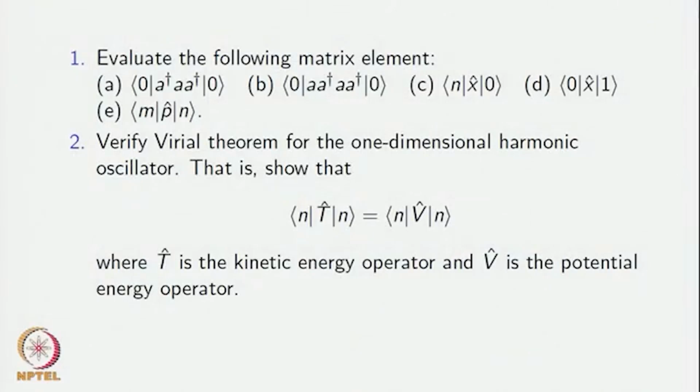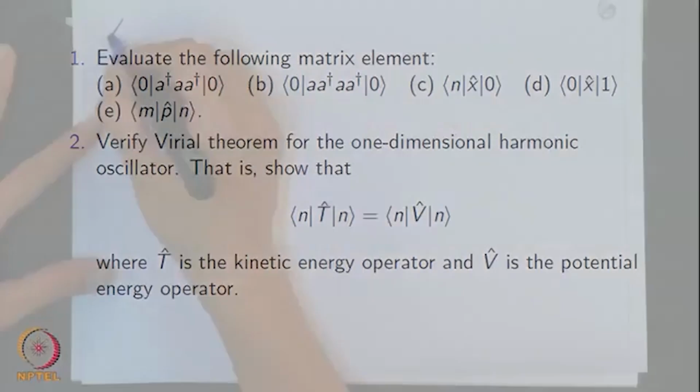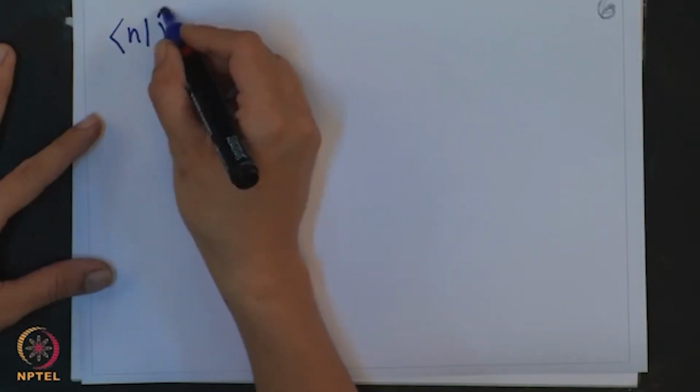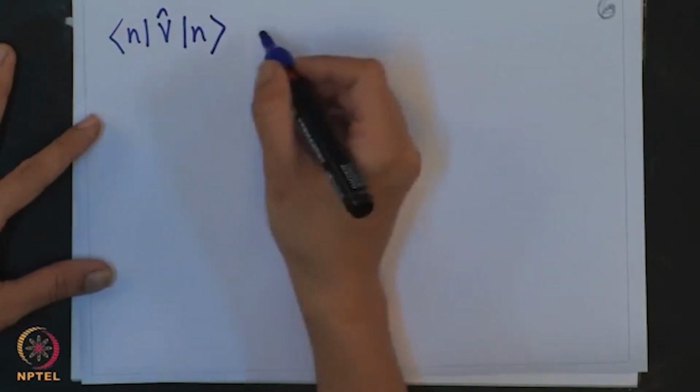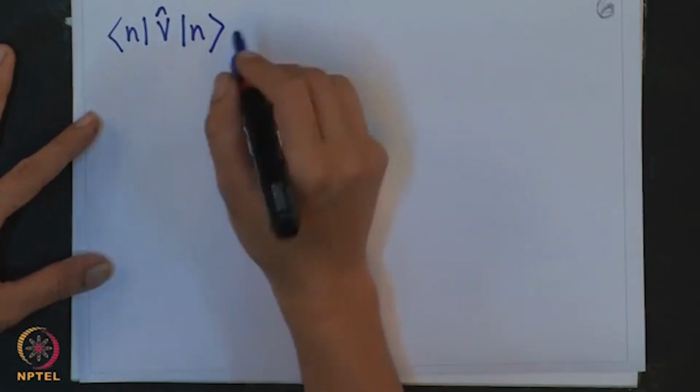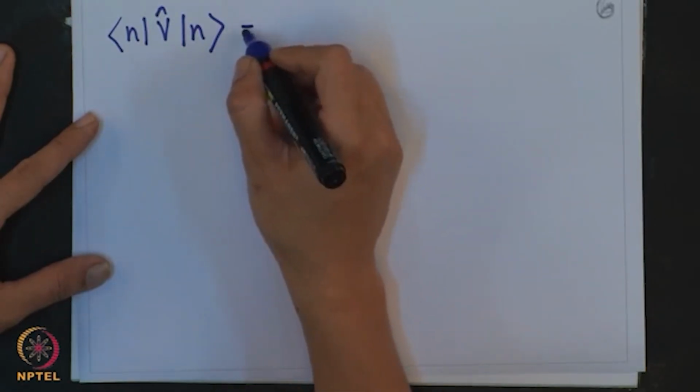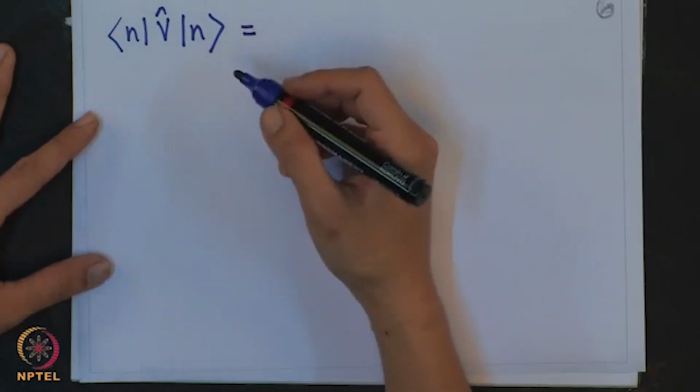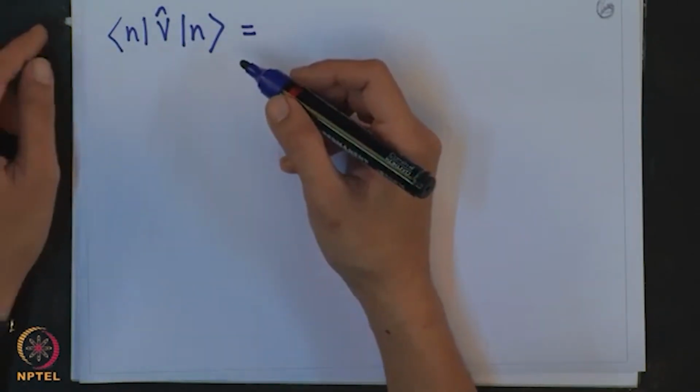Now, it will again not be a difficult task to obtain the potential energy operator. So, the potential energy operator would be the matrix element of V in the state n. This is what we have to evaluate. This operator will be proportional to x square, that is, half k x square.